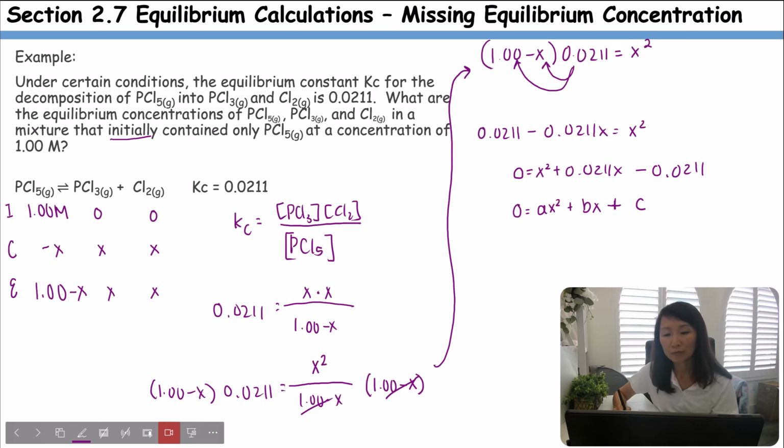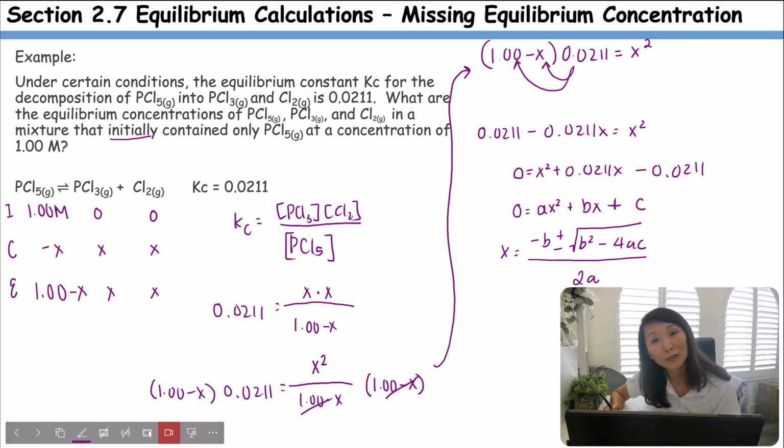So the song goes like this: x equals negative b plus or minus the square root of b squared minus 4ac, all over 2a. So that's my singing for you. There's a reason why I didn't join choir.